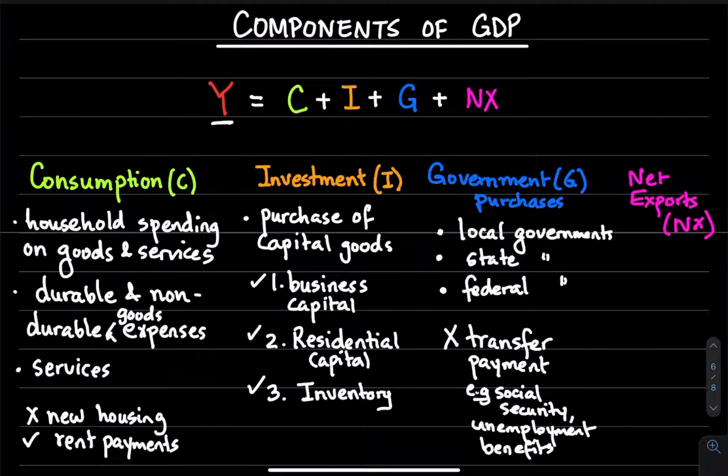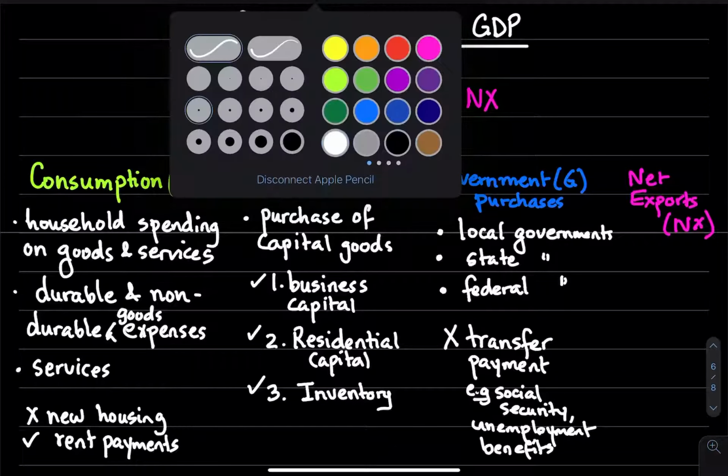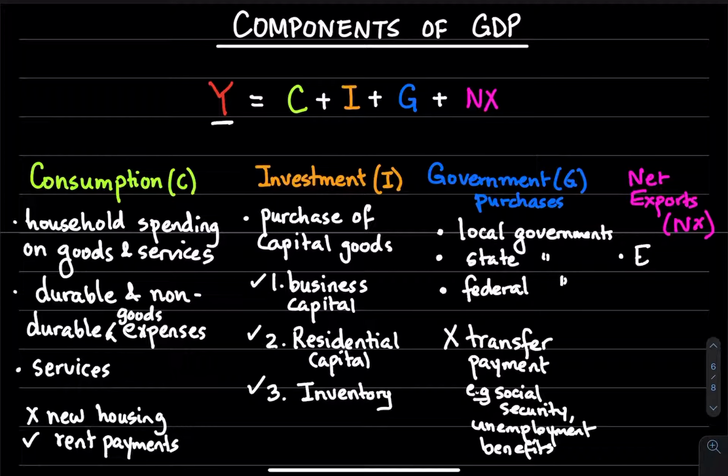Okay, and finally we talk about net exports. Now we have covered this in chapter 3 where we talked about exports and imports, but just to reiterate that point, exports is basically the foreign spending on the economy's goods and services, and imports are the portions of consumption, investment, and government spending that are spent on goods and services that are produced abroad.